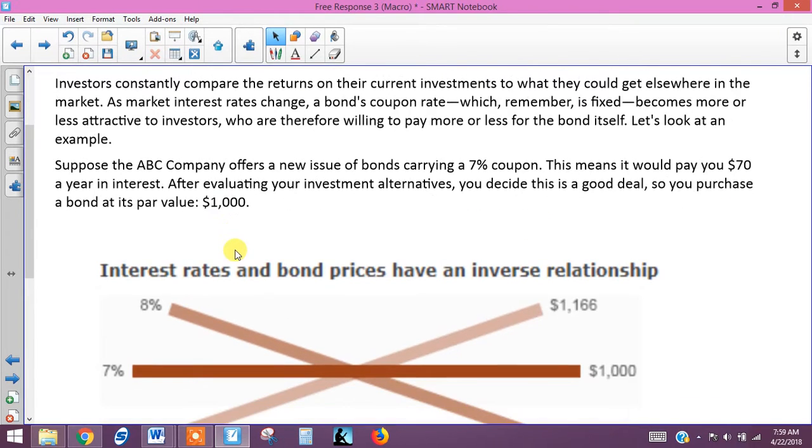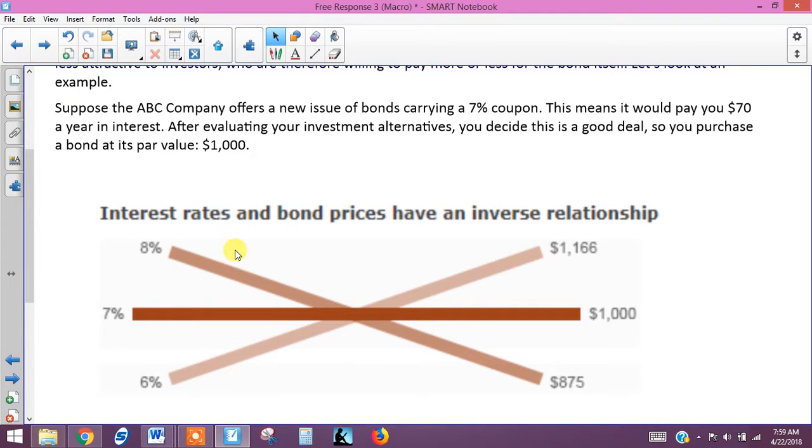Okay, now let's say that this is the interest rates, and this is what would happen to the prices. So this is very simple to see, understanding that when you buy a bond, that bond stays at 7%. It's not going to change.